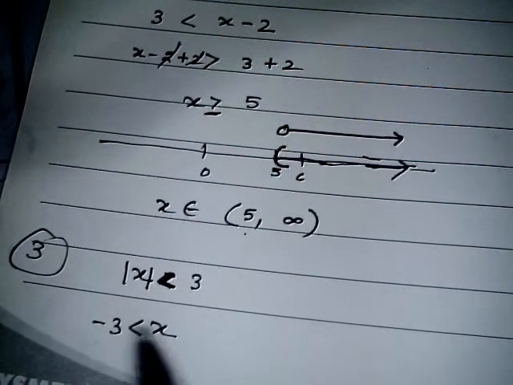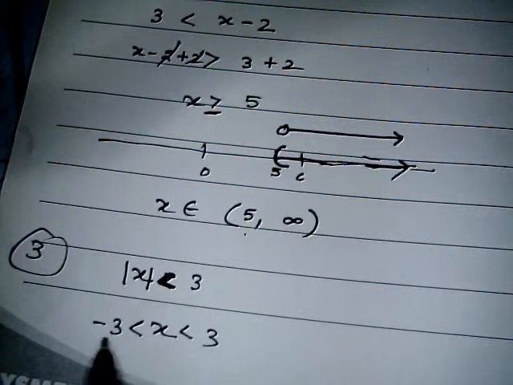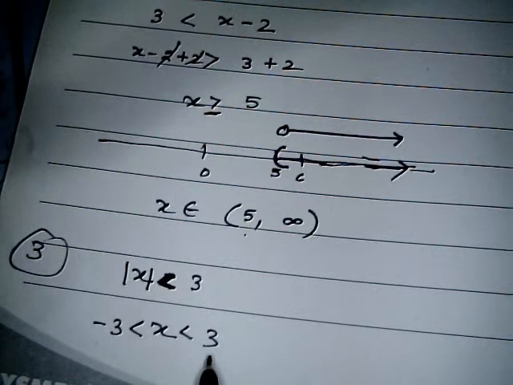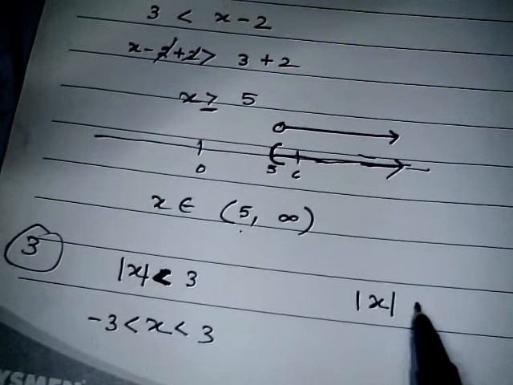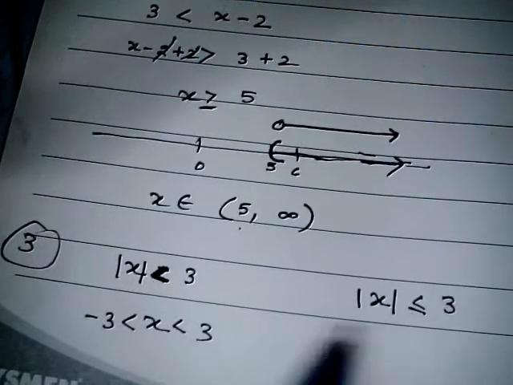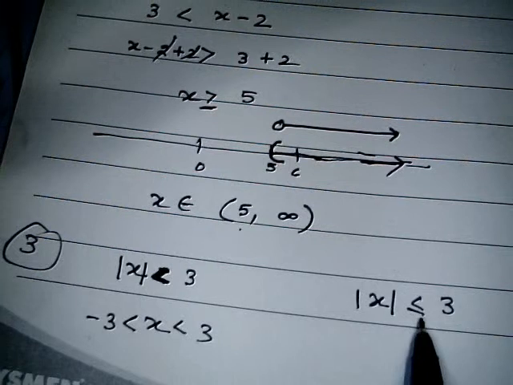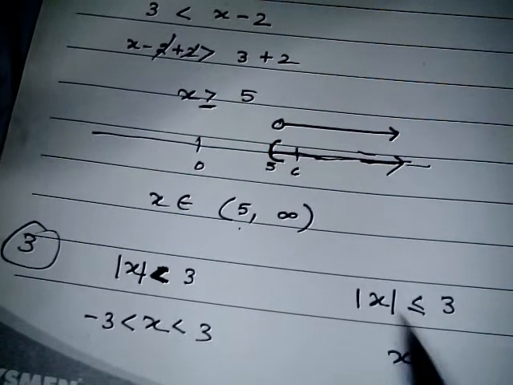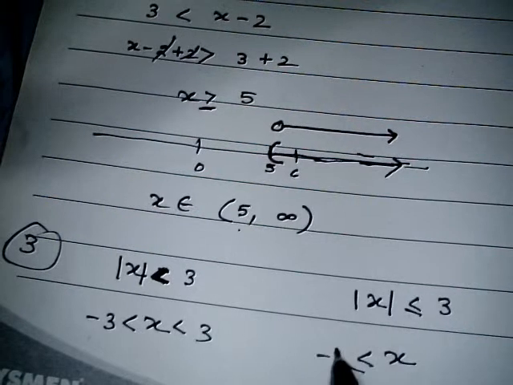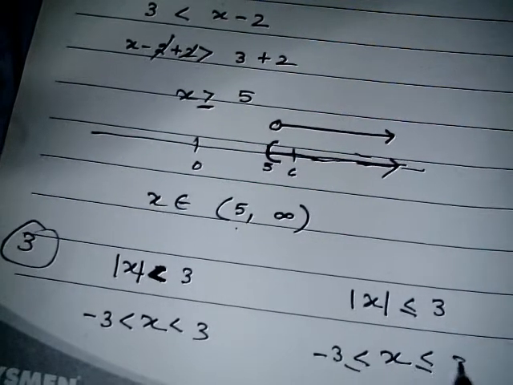So this you need to practice. Suppose it is absolute x less than or equal to 3, either less than 3 or less than or equal to 3, whenever you remove the absolute sign, x is going to lie between -3 and 3. Whatever number is there, that number is taken once as -3 and once as +3.